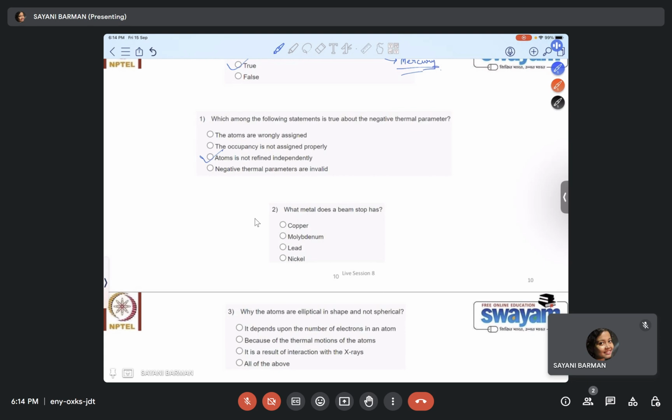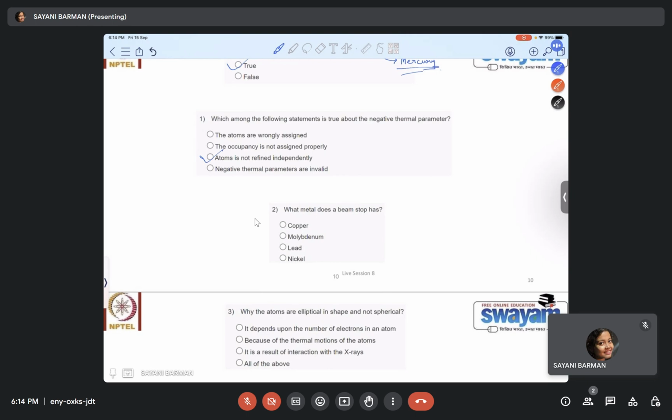A thermal parameter indicates isotropic thermal vibrations. So negative thermal parameters suggest anisotropic thermal vibrations, meaning the atom doesn't vibrate uniformly in all directions, right? Instead, it has a tendency to vibrate more along certain axes or directions.